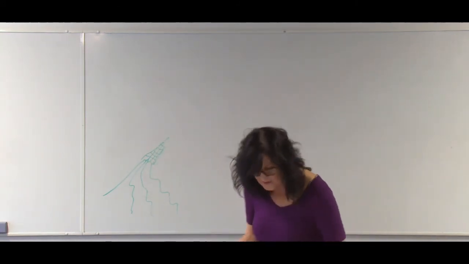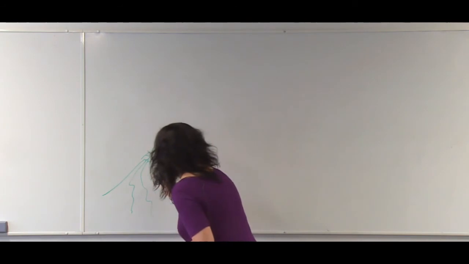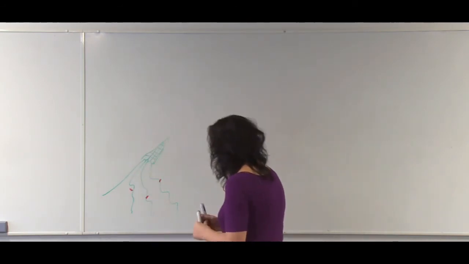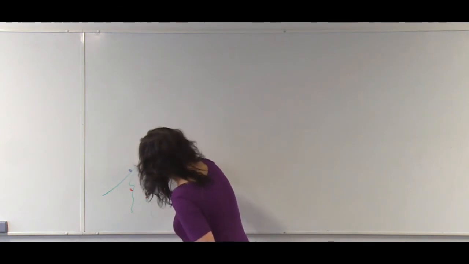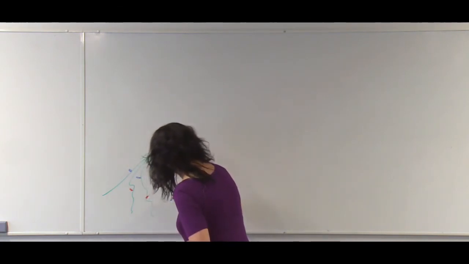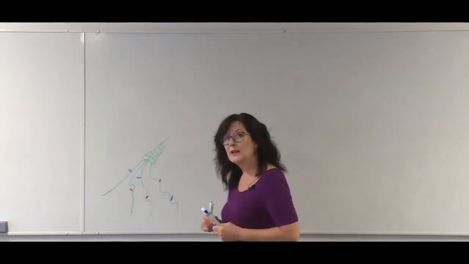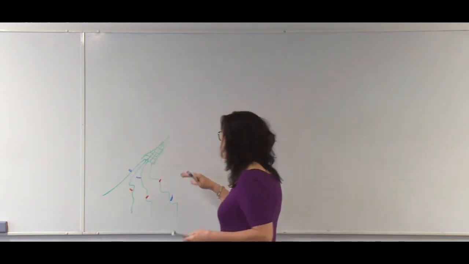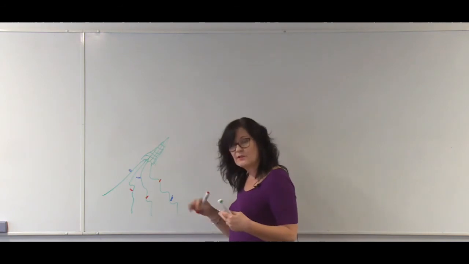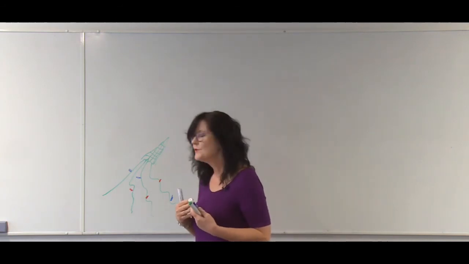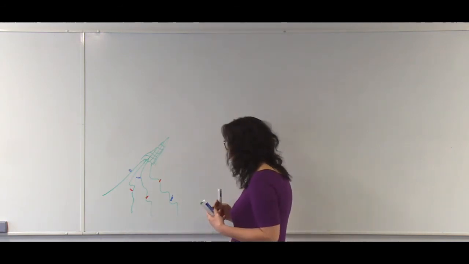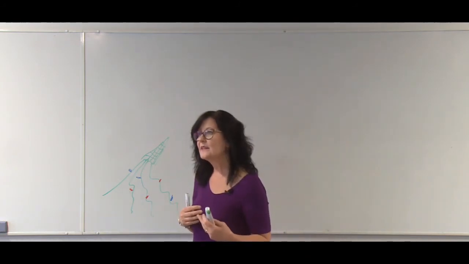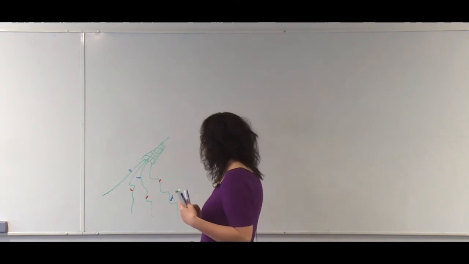So remember, we've got TRP channels of various kinds, chemosensitive, mechanosensitive, thermosensitive. If it's a polymodal nociceptor, we've also got our ASICs that bind protons, and we've also got our purinergic receptors that bind adenosine or ATP.